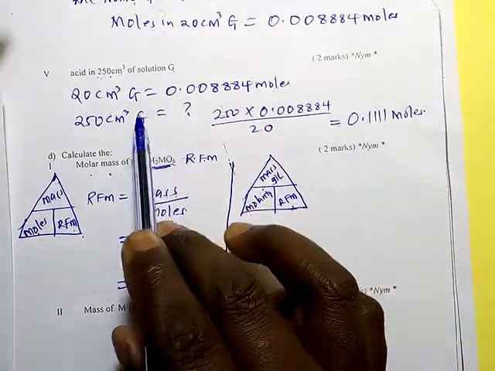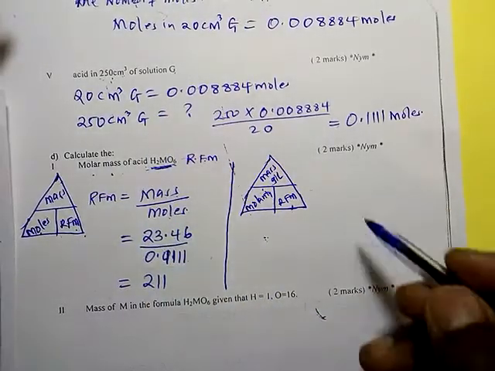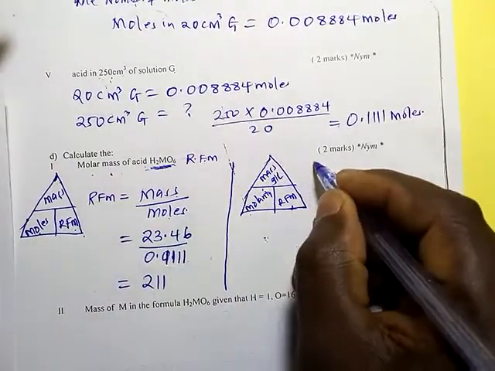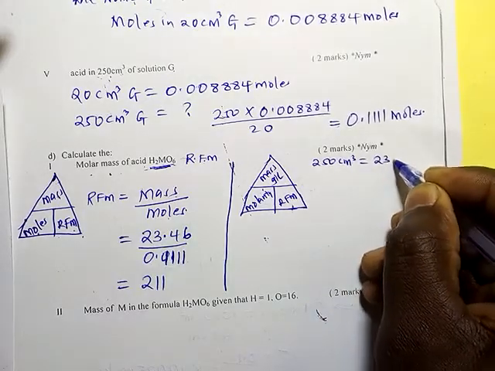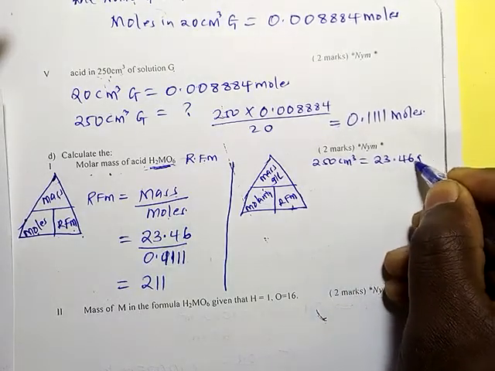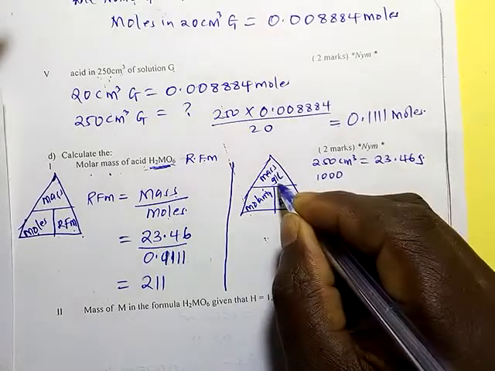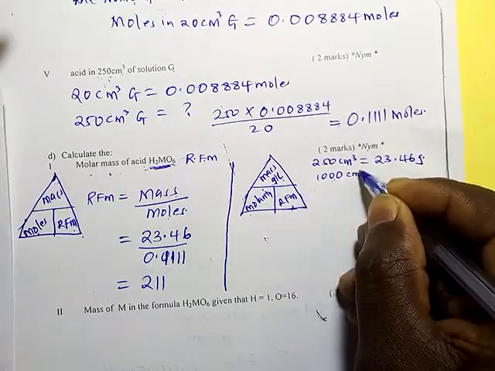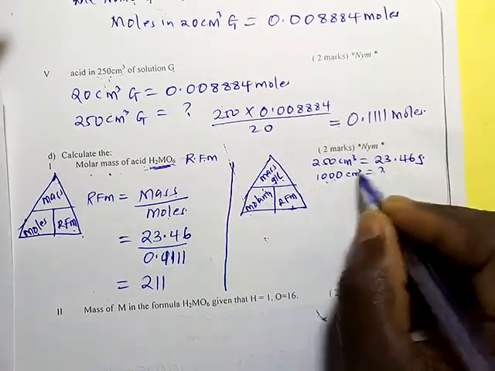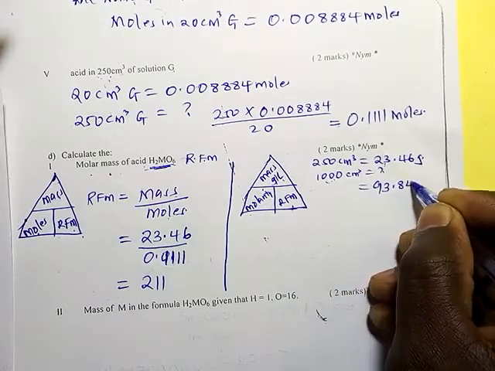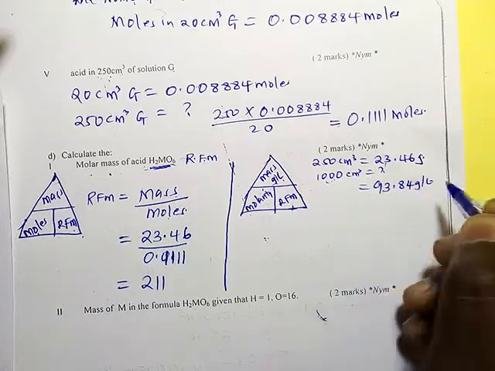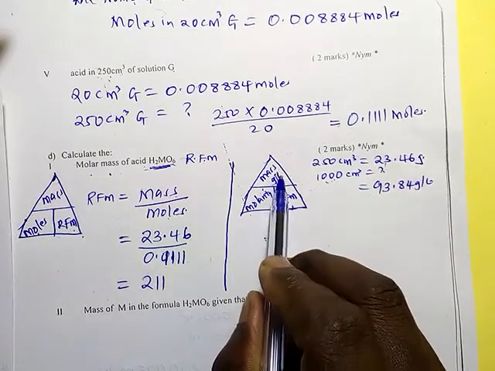The mass we were given is in 250, so we can get the mass in 1 liter. 250 centimeters cube contains 23.46 grams, so 1000 will contain this times this, which gives 93.84 grams per liter.